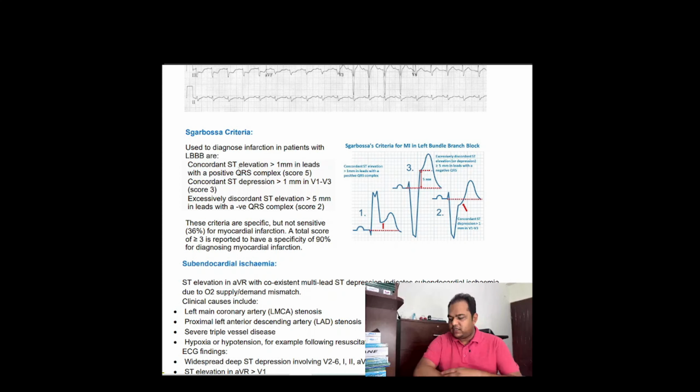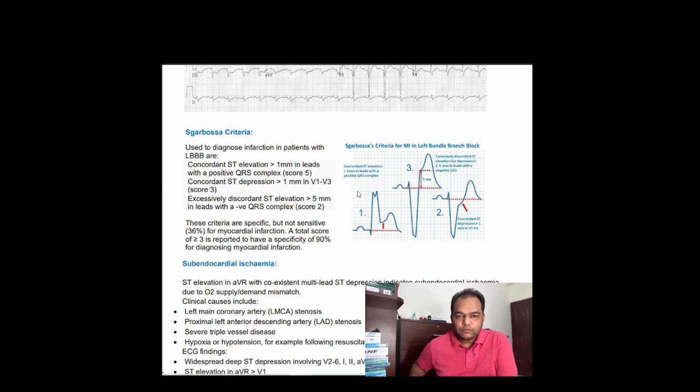Where the ST elevation is present on the opposite side of the QRS complex, it is called discordant. In this first image, we can see the ST elevation at the same side of the QRS complex. So this is concordant ST elevation, obviously more than 1 millimeter, with a positive QRS complex. So it represents a score 5.